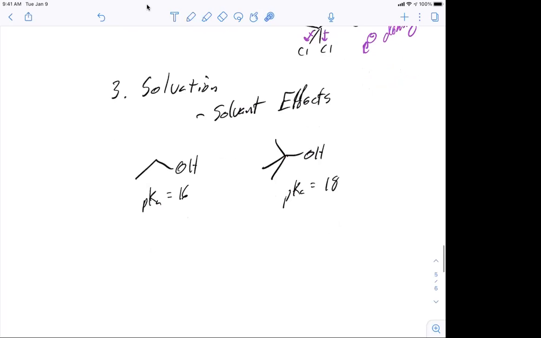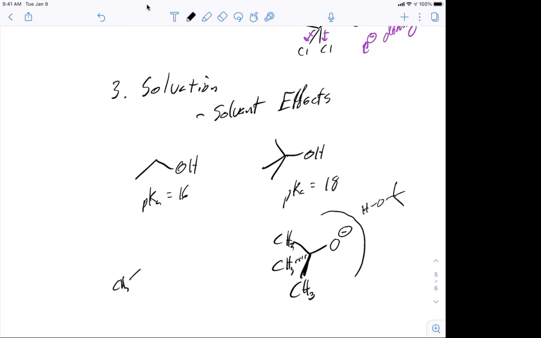So what we're looking at is what is happening, and what's happening is as we look at the conjugate base, the amount of solvent that we could potentially interact with, and the solvent would be other t-butyl groups, is going to be a lot less than if we look at this species where we see a much bigger window for the solvent.